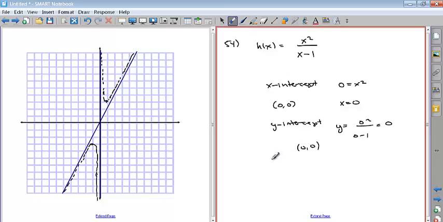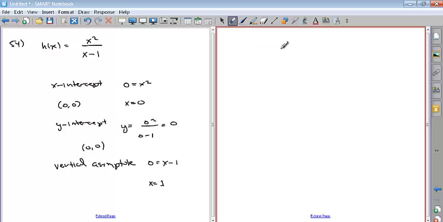Now, we have a vertical asymptote. That is going to be where the denominator equals 0, which is x equals 1. And then we calculate our slant asymptote, so we're going to take x squared plus 0x plus 0 divided by x minus 1.